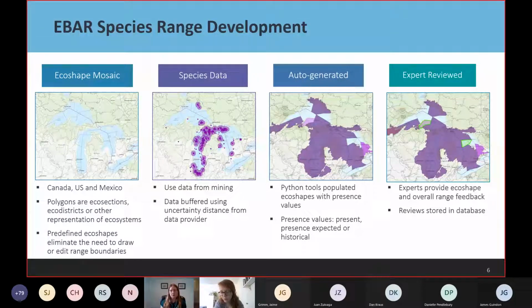They can go ecoshape by ecoshape and tell us that an ecoshape should be added or removed, or possibly the presence value should be changed. Maybe it was historical, but it was recently observed, so it should be changed to present. And then they can also give us the overall range. Based on the information that we have available, was it pretty good and we just have a few edits, or was it absolutely horrible and we really should just go back to the drawing board for that species?